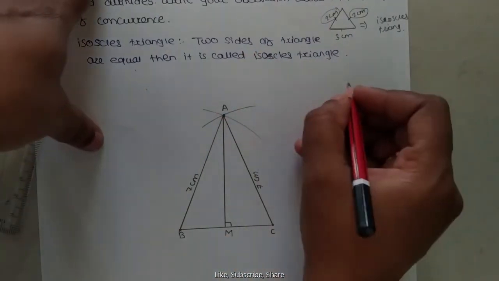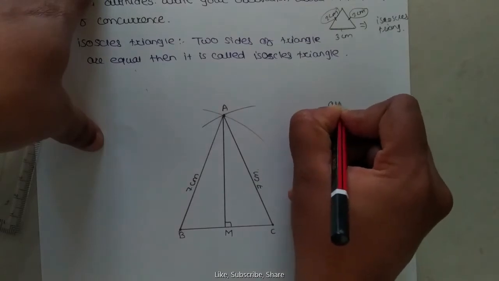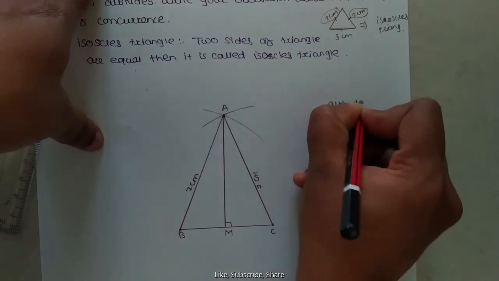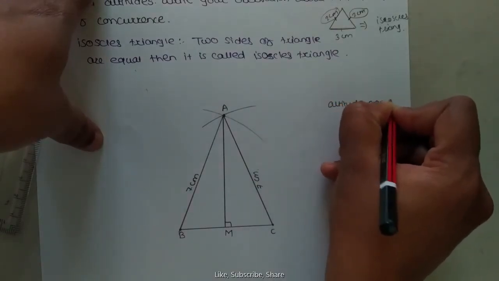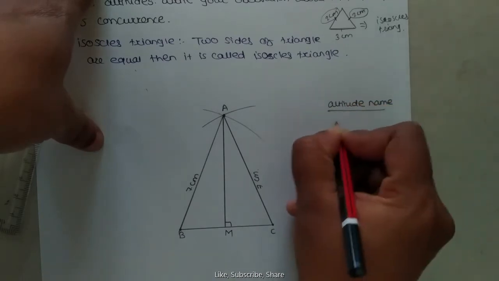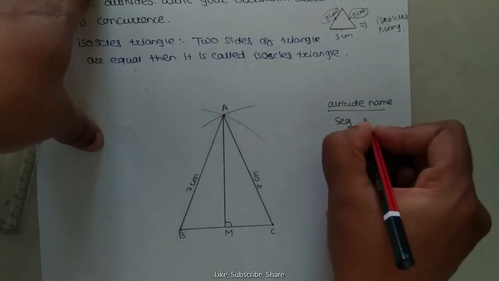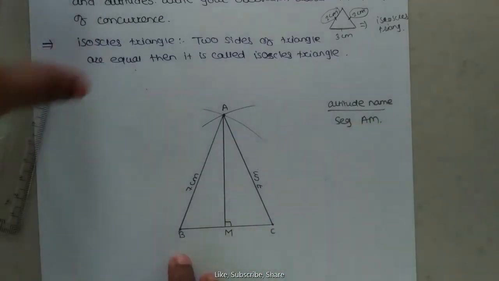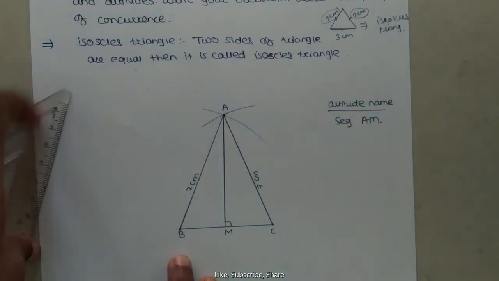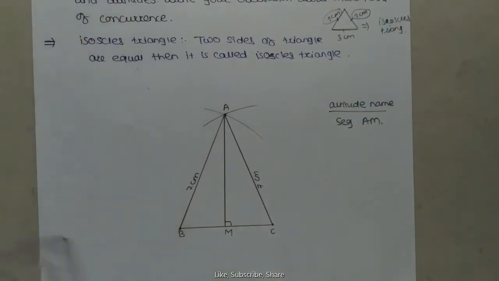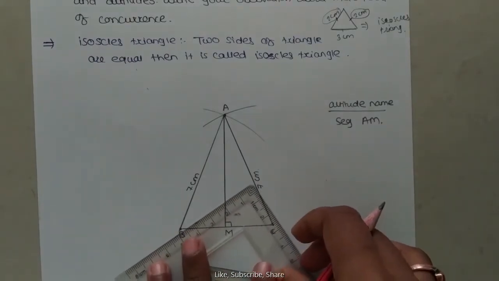Suppose I want to list out the altitude names. Altitude name: segment AM. Similarly, we have to draw the altitude for this one.